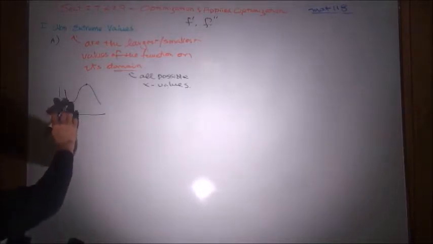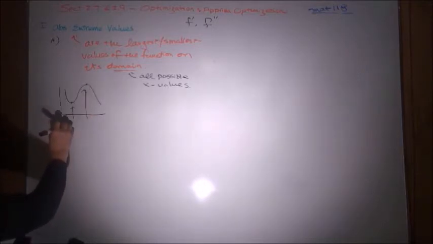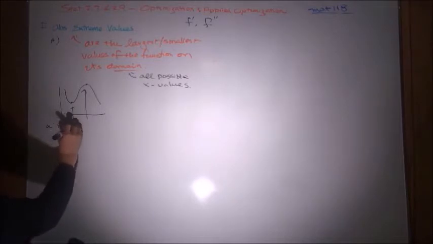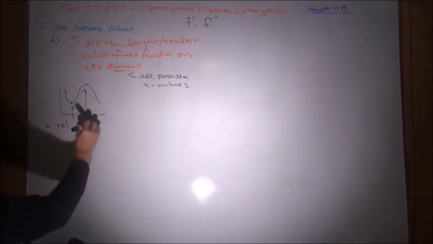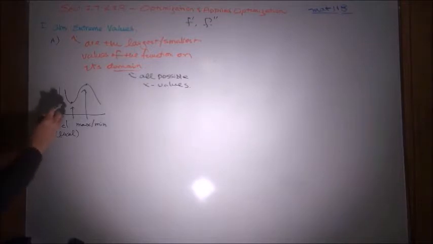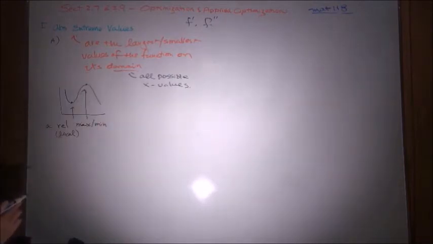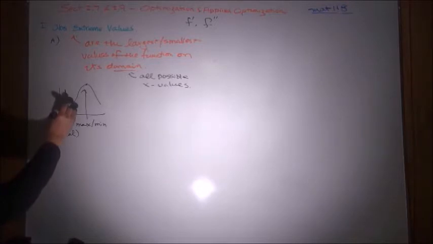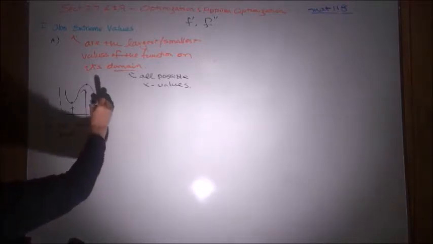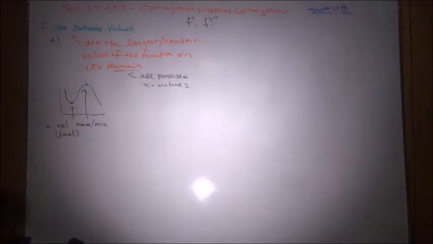Those points we call a relative maxima or minima. Sometimes we call them a local maxima or minima. Just around that time, it happens this way. But if you say, okay, from the beginning of time to the end of time, this one may not be the absolute minima, right? This is only a relative minima.